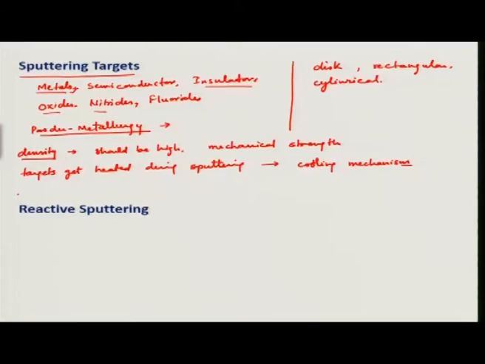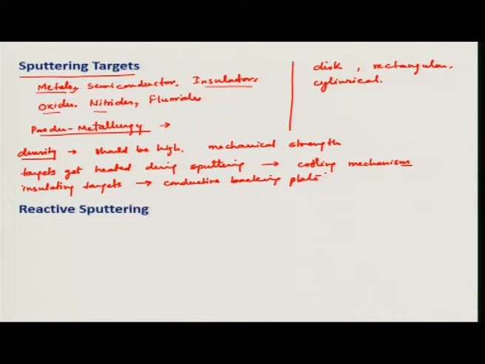In case of insulating targets, they should have a conductive backing plate, where you apply the potential, the RF potential or RF signal.